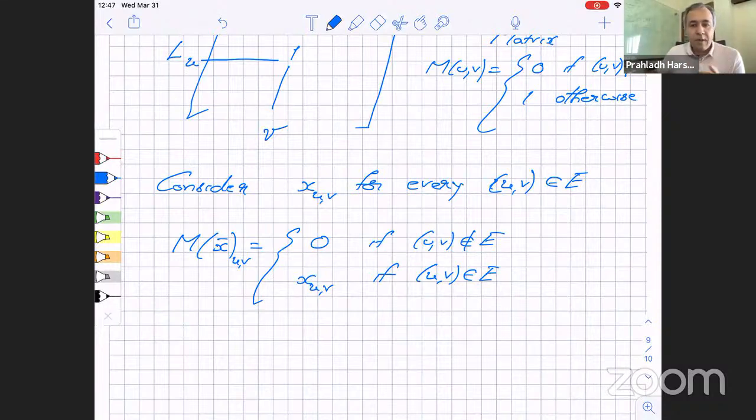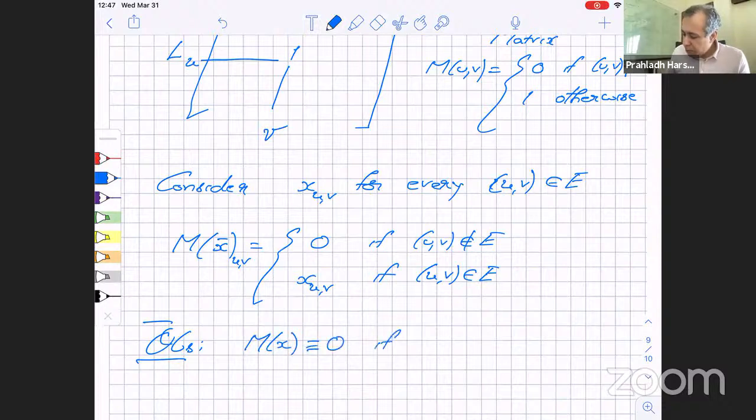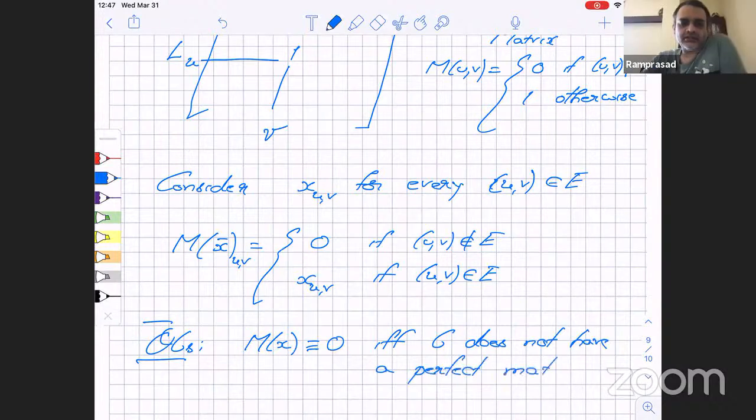So if there is a perfect matching, there will be one of the monomials of the determinant which is non-zero. Otherwise, it does not exist. So it's a trivial observation that the determinant of M x is 0 if and only if G does not have a perfect matching.